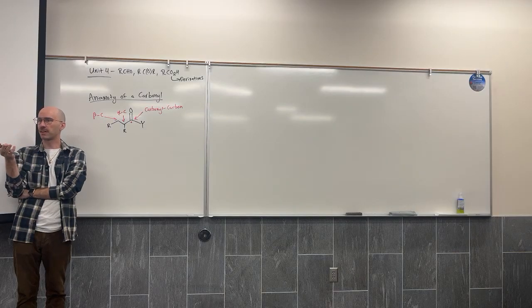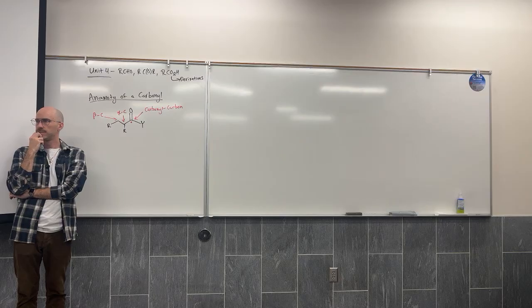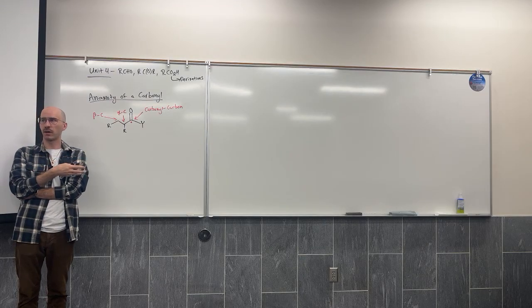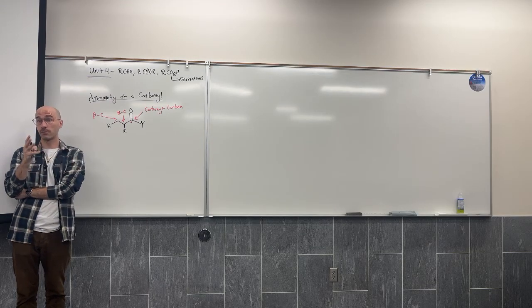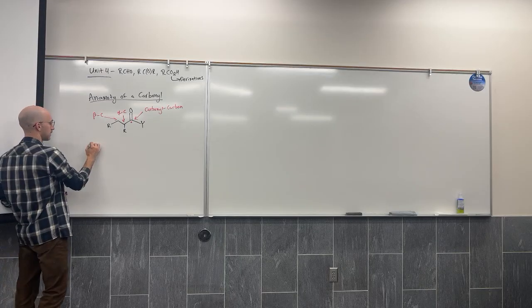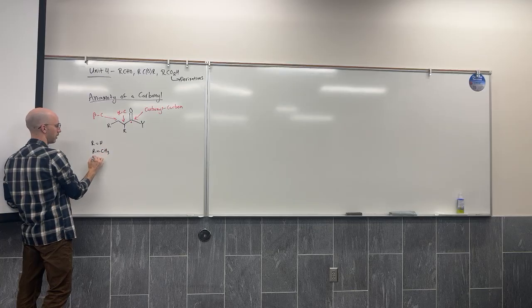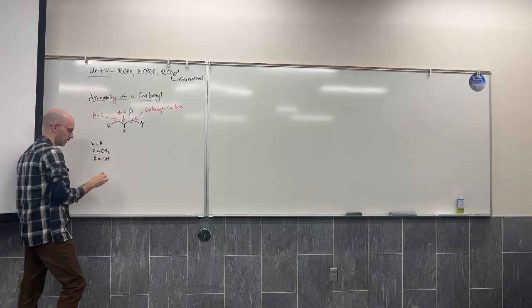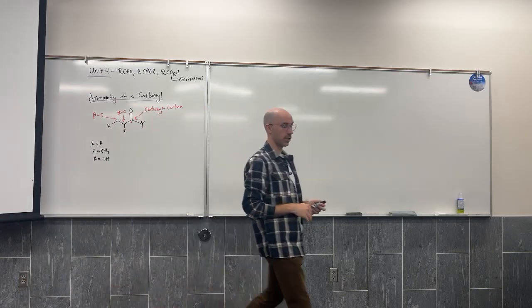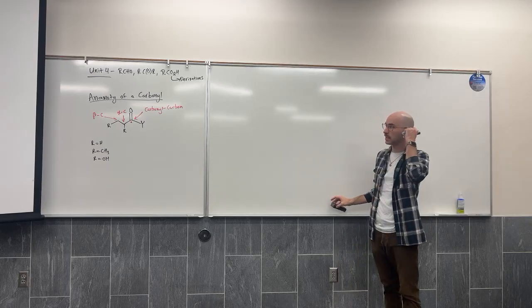What are alternatives that I could have put instead of Y? I could have put R. R is quite common. And R can really mean anything. Like I can say R equals H, R equals CH3, R equals OH. And as long as I define what I want R to be, R can be anything.